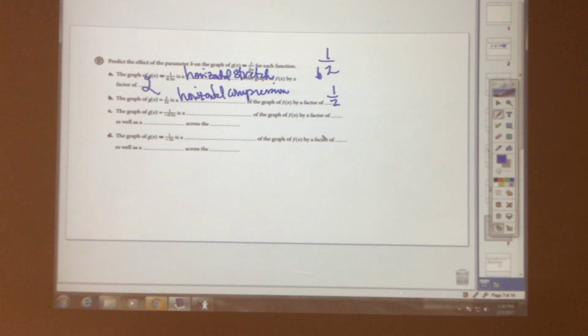C, the graph of g of x equals 1 over negative 0.5x is a horizontal stretch by a factor of 2, as well as a reflection over the y-axis.